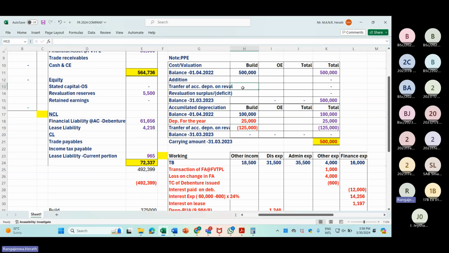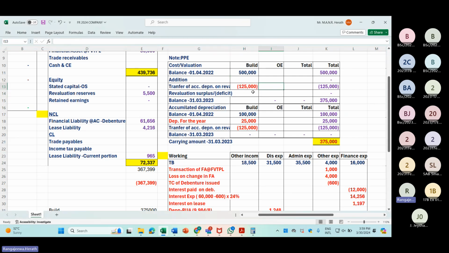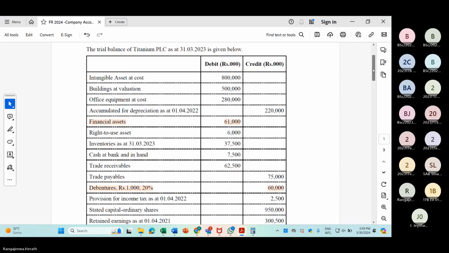Transfer of accumulated depreciation 125. Which makes the carrying amount 375. 375 carrying amount now.